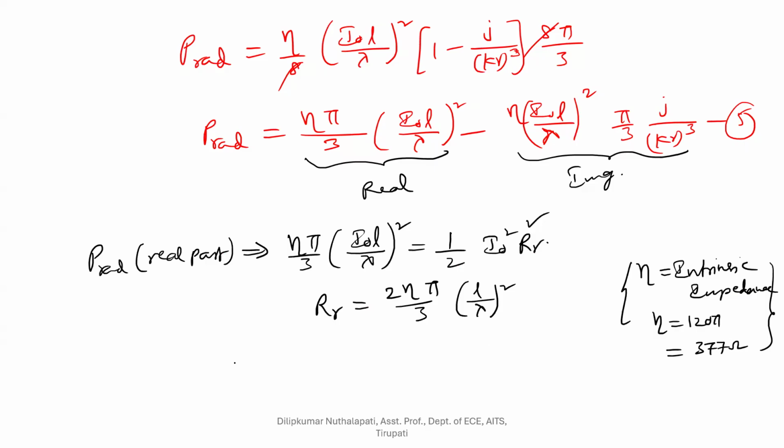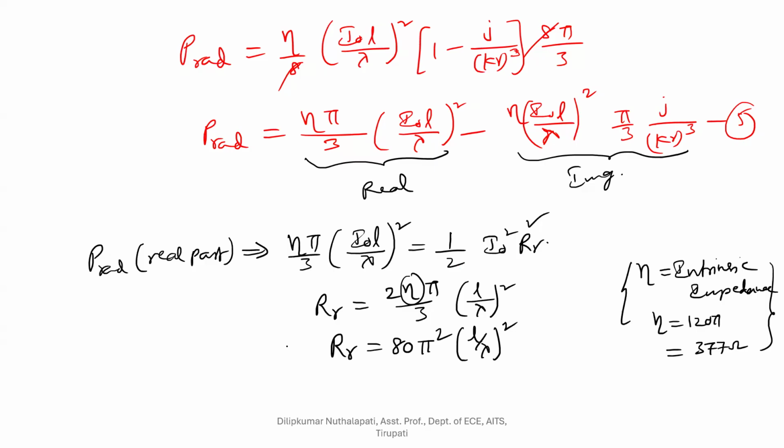If we substitute η as 120π here, then we get the radiation resistance for the current element, or infinitesimal dipole, the Hertzian dipole, as 80π² (L by λ) whole square.